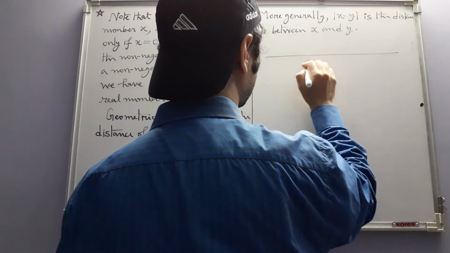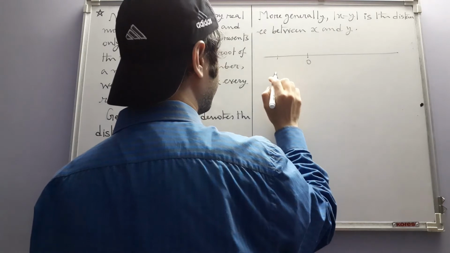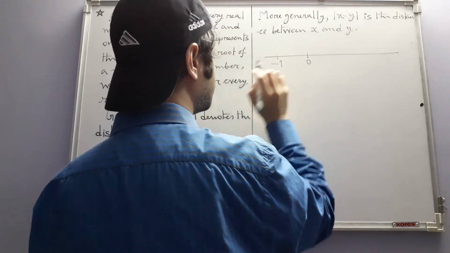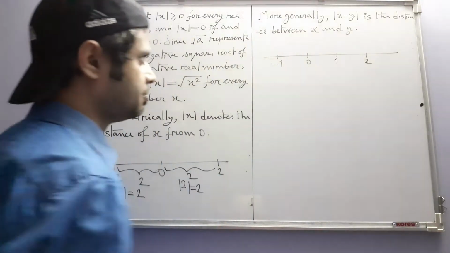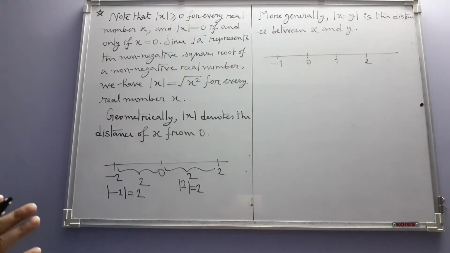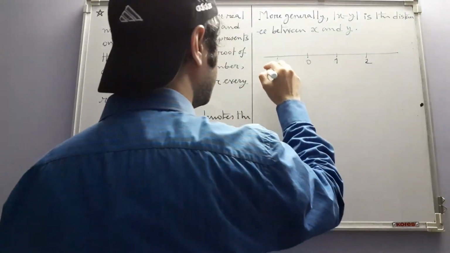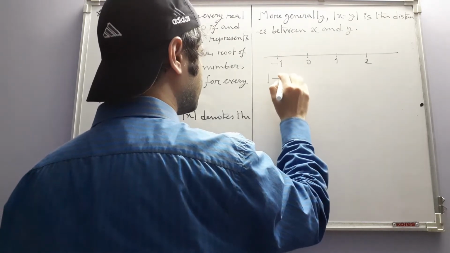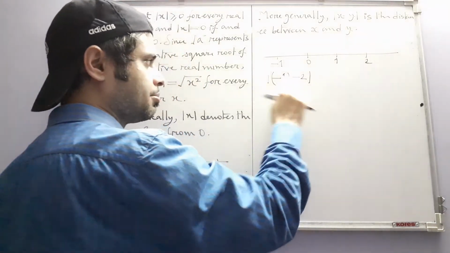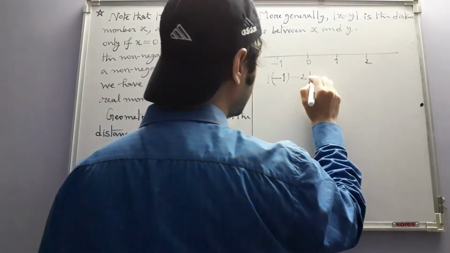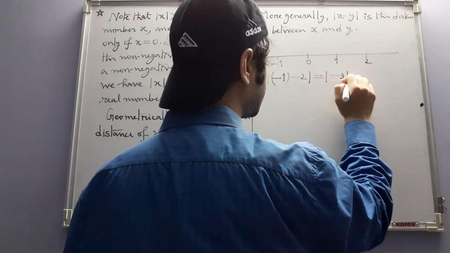Say you take one particularly nice example: -1, this is 1, this is 2. So if we want to calculate the distance between 2 and -1, then we can calculate this thing. Say -1 minus 2, x minus y. So that is -1 minus 2 is -3.